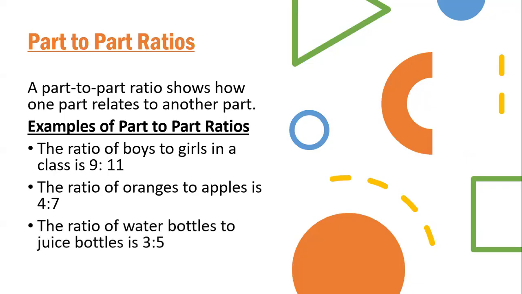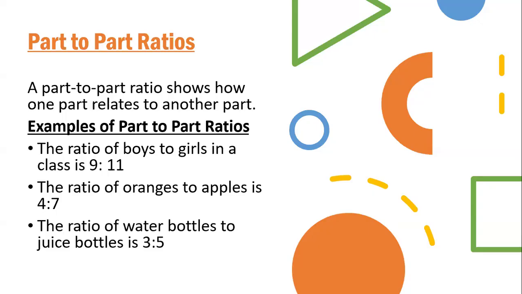Read the examples of part-to-part ratios. The ratio of boys to girls in a class is 9 to 11. The ratio of oranges to apples is 4 to 7. The ratio of water bottles to juice bottles is 3 to 5. Very good. So it's part-to-part.